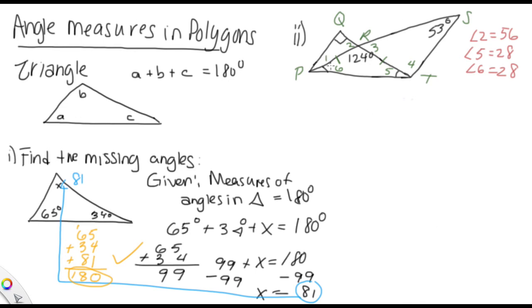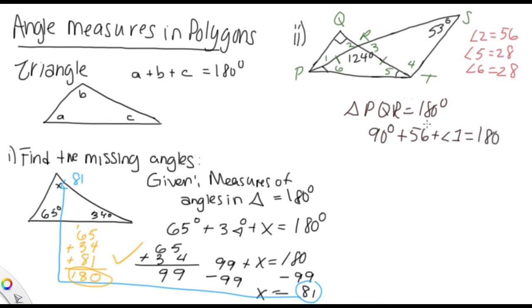Let's look for angle 1. Now we can look at triangle PQR. It has to equal 180 degrees. We know that one angle of it already has 90 because there's a right angle. We know that angle 2 is 56. So plus angle 1 equals 180.